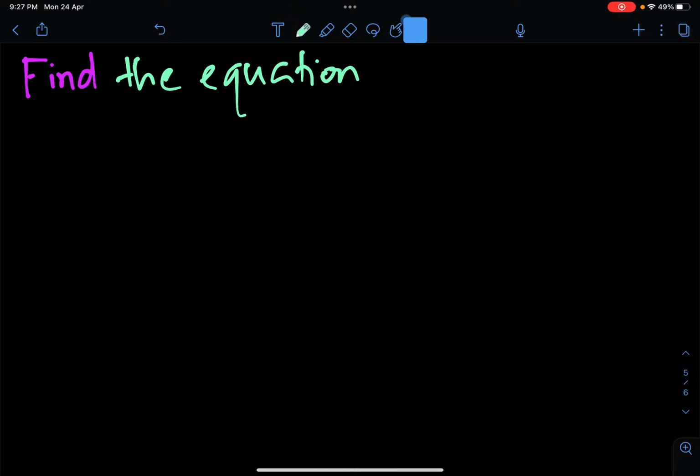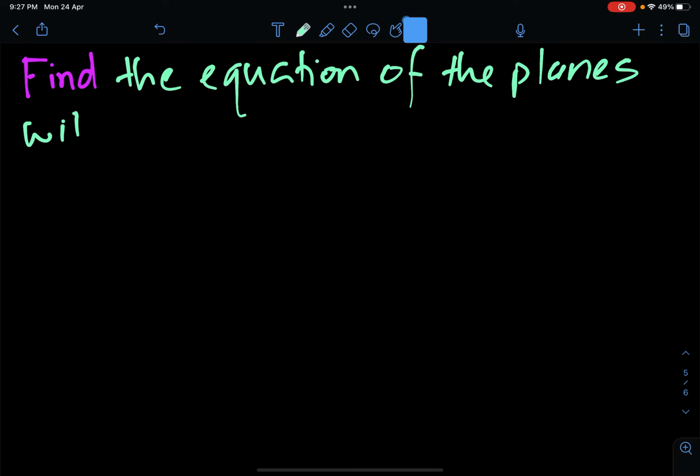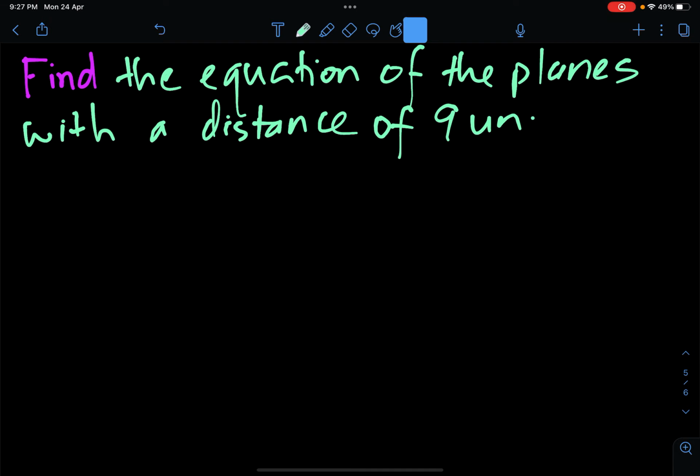The question is: find the equation of the planes with a distance of 9 units from this plane.